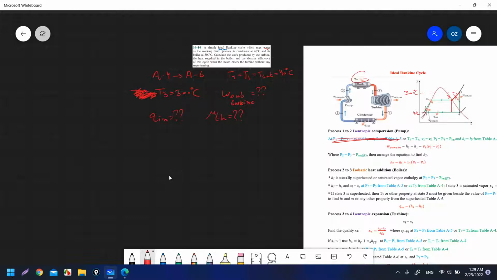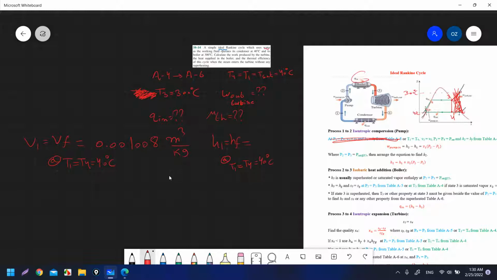It will go down, so this region is cancelled, and state 4 is here. So v1 equal to vf at the saturation temperature of T1 equal to T4 equal to 40 degrees Celsius, and it is equal to 0.001008 meter cubed per kilogram.